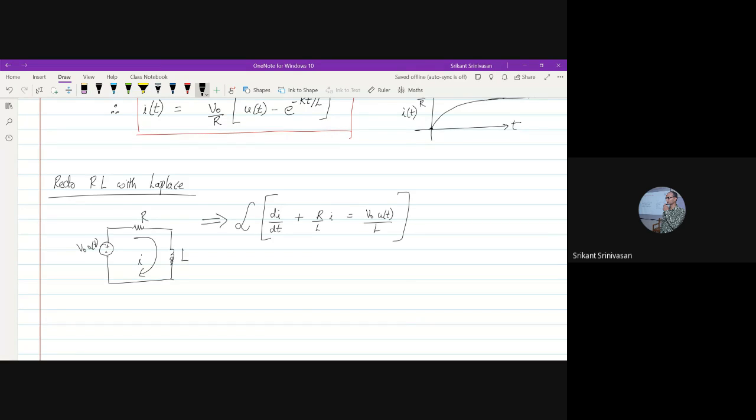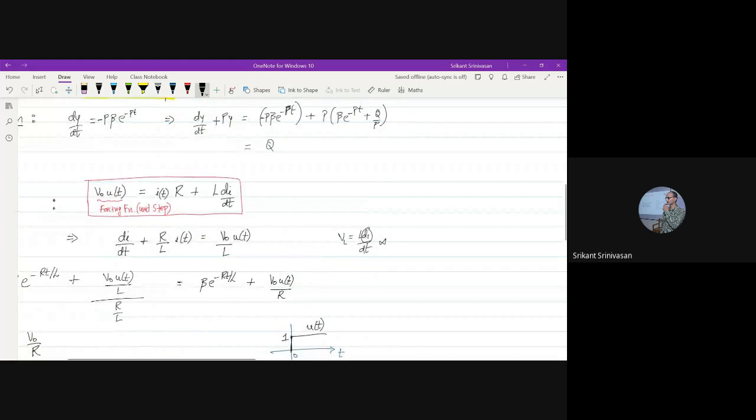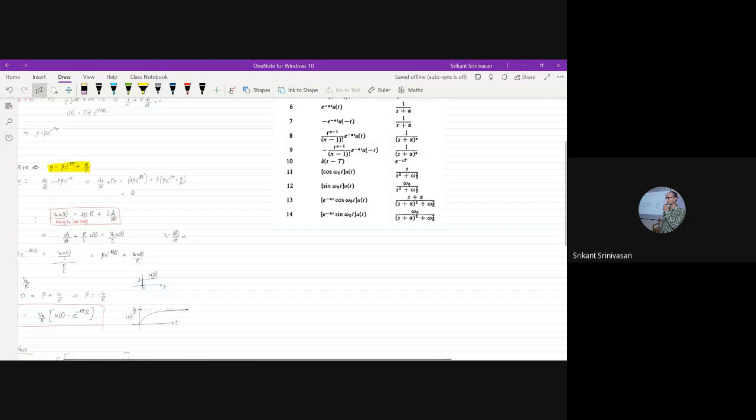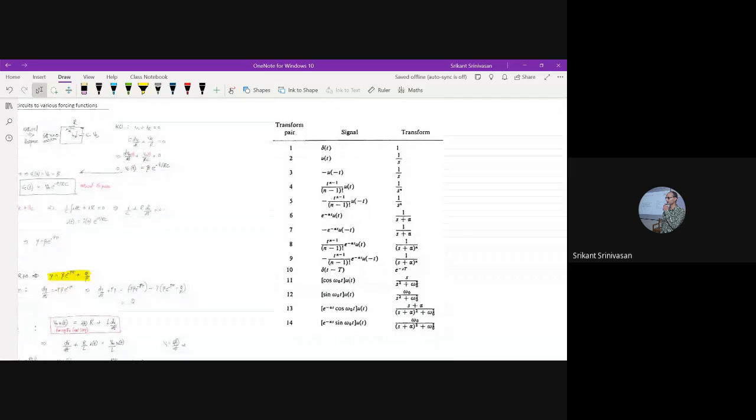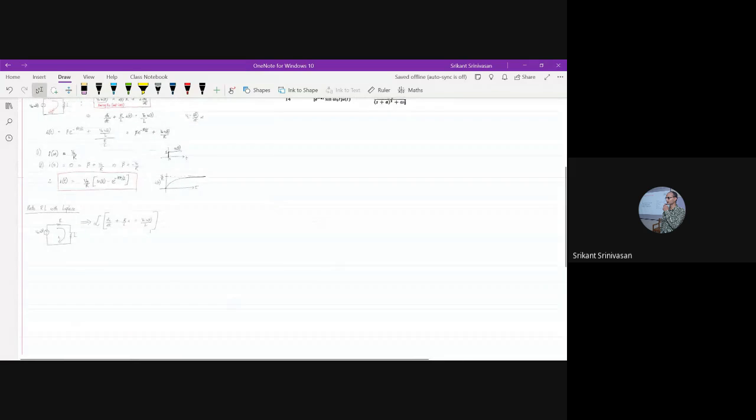Now what happens? We have these Laplace transform tables, where you have the response of the function. If the input is a delta of t, u of t, and different things, and then there was something for differentiation and integration. I think it's not here. I can write it down quickly.